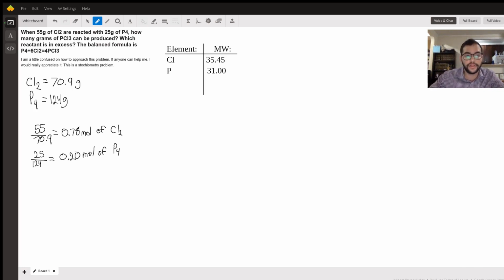Let's start with 0.2 moles of P4, and use that as our starting point to figure out how much of everything else we would have in our equation.